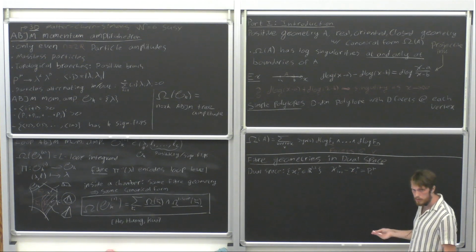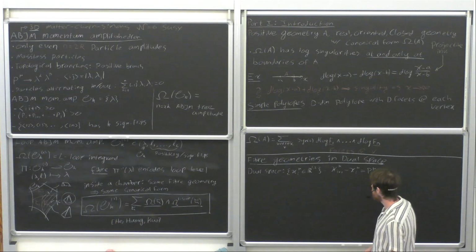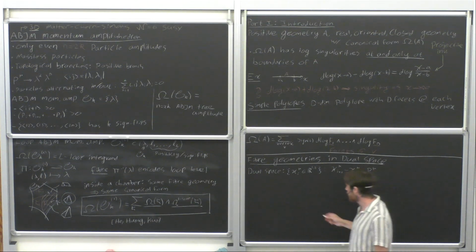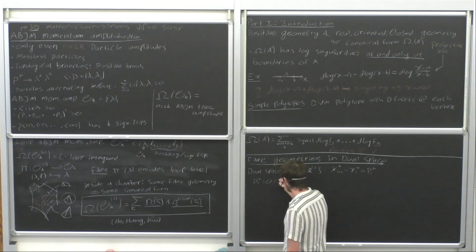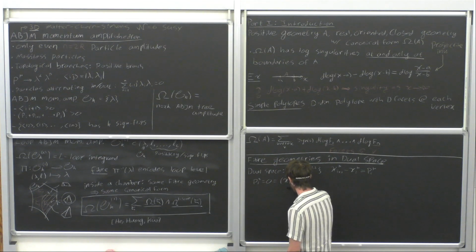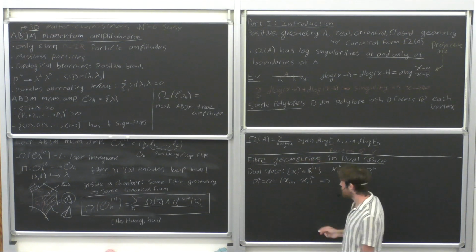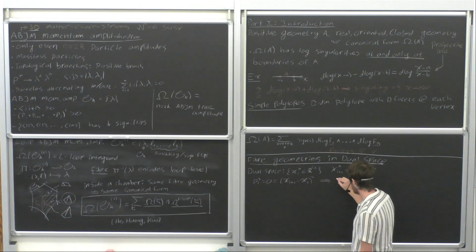If you have ordered particles, this is a common way to trivialize momentum conservation. Now in our case, we're dealing with massless particles, so p squared is equal to 0. Which in this dual space means that x_{i+1} and x_i are light-like separated.